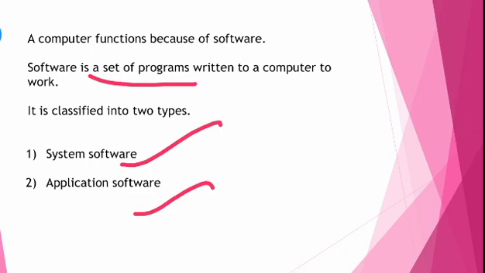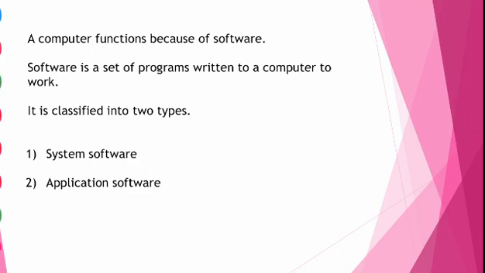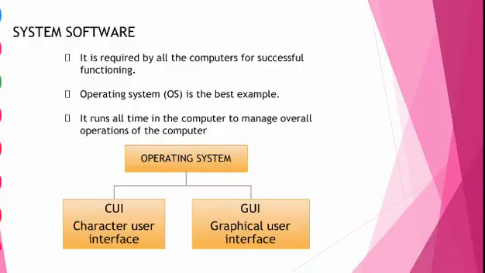After this we are going to see the next one, that is system software. So what is meant by system software? System software is used by all computers. From the time you start your computer till you shut it down, this system software runs in it, and it is useful to manage the overall operations carried out on the computer.